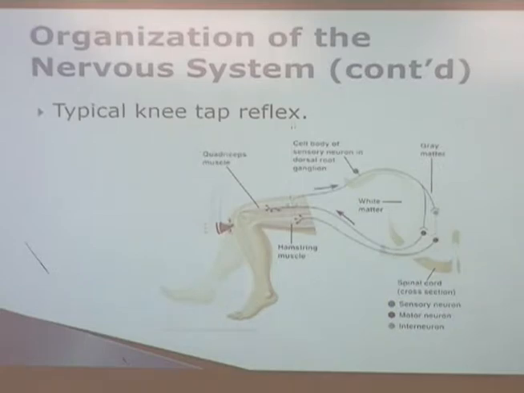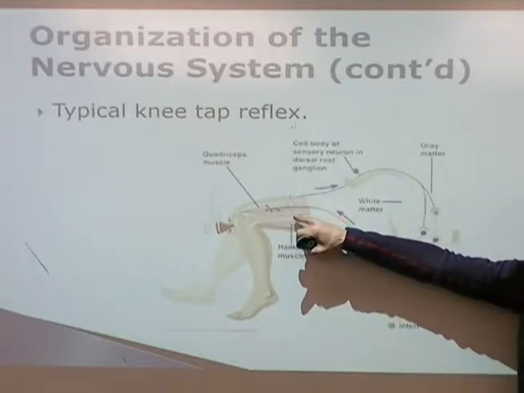Which receptor? Which sensory organ? Spindle or GTO? Stretch the muscle quickly. Which one is going to send a signal? Spindle. Okay. Muscle spindles respond to stretch.